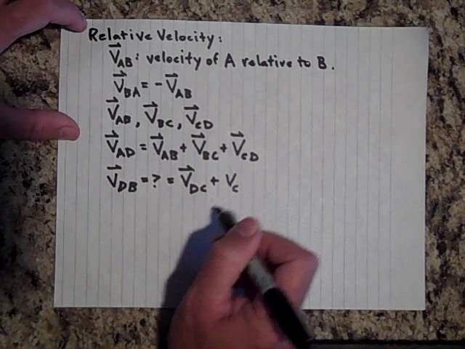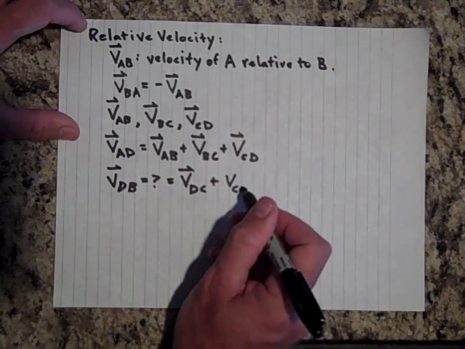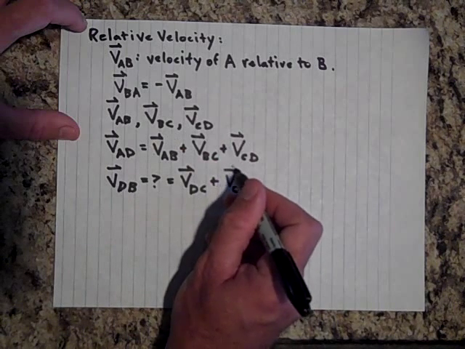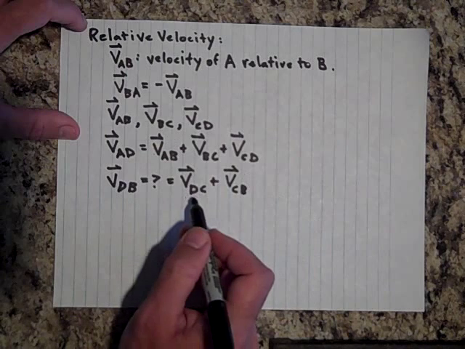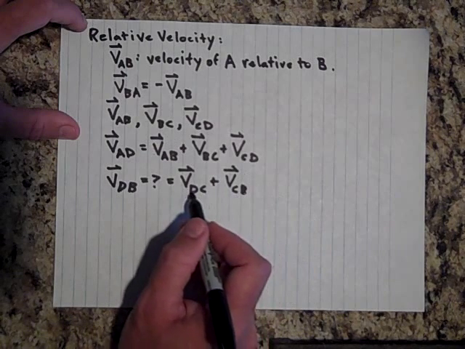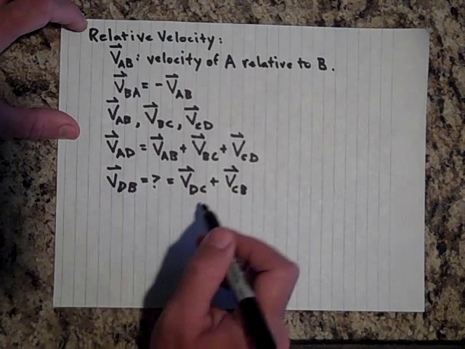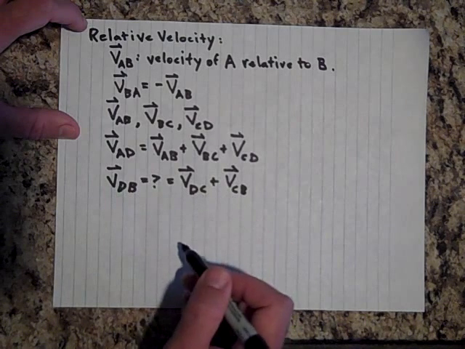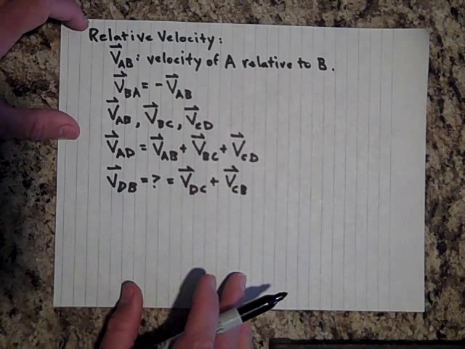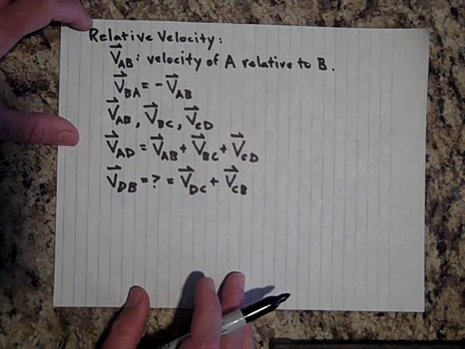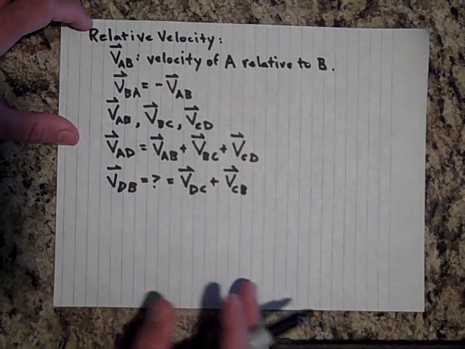So I've got to have a C here, and I'm going to put a B here. And so as long as the two bookends of these are these, and these link up, then the relative velocity should be true. So that's how you do that.